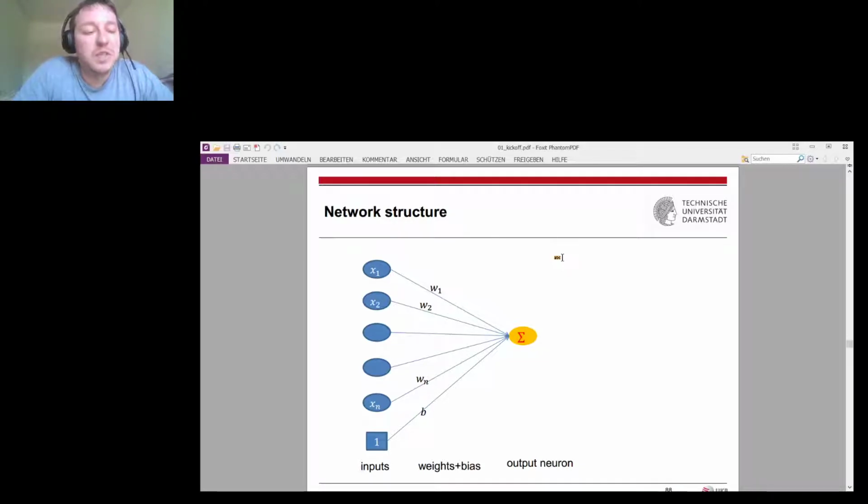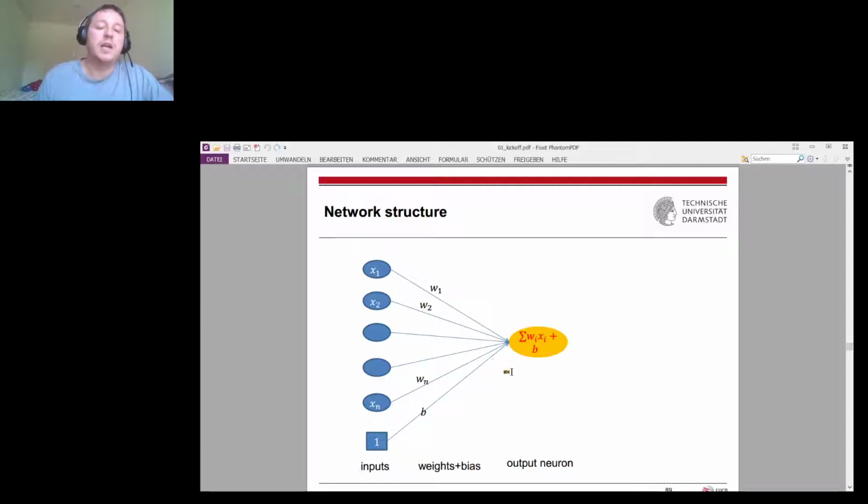So what we do is sum up our inputs weighted by our weights W1 to Wn. We take a sum, and we stay in the logic of this calculation by adding to this initial sum the value b, because b is just given by 1 multiplied by b.